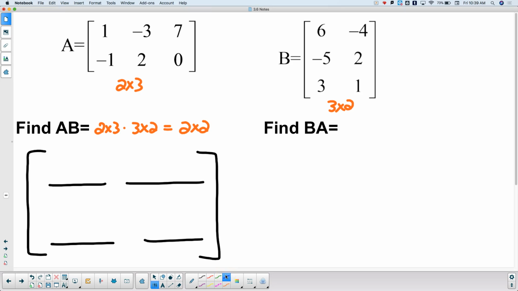So that's going to be 1 times 6 plus negative 3 times negative 5 plus 3 times 7. I have to move that over a little bit.